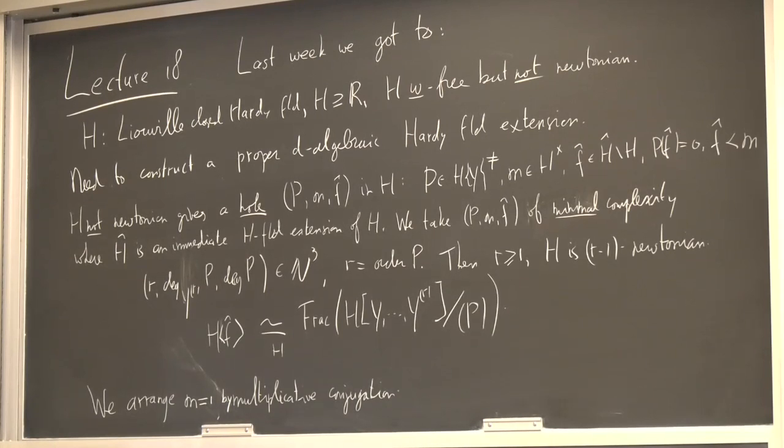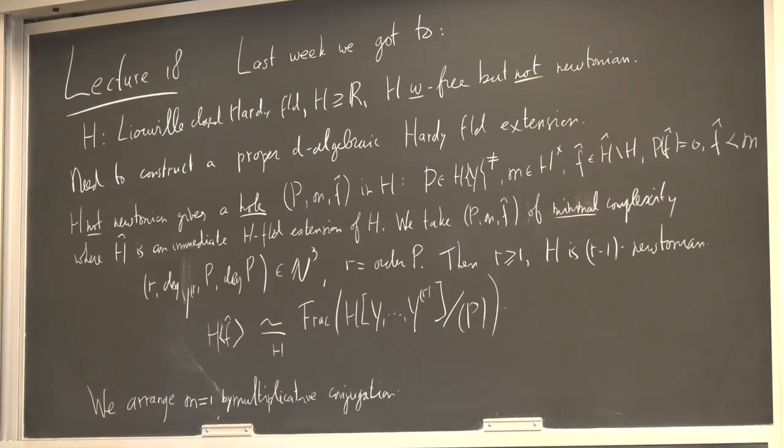And yeah, we can also arrange M is 1 by multiplicative conjugation. You simply replace capital P by P subscript times M, and then you replace M by 1, and you replace F hat by F hat divided by M. Right, and there are also other conjugations that are very useful, like additive conjugation and compositional conjugation.